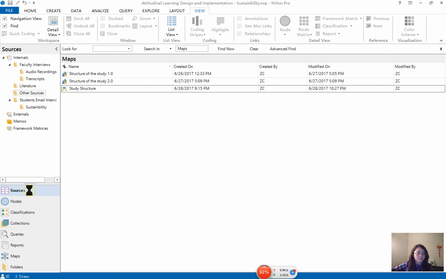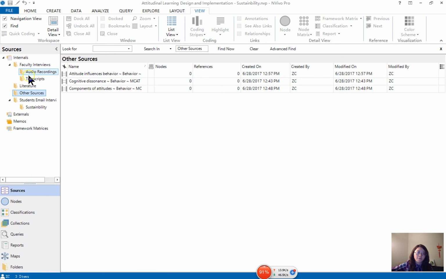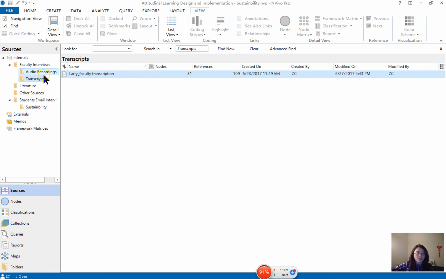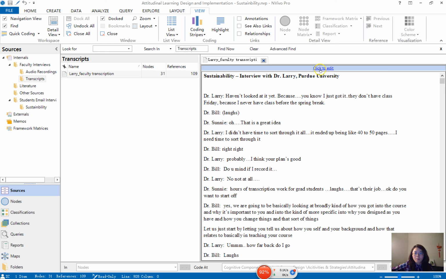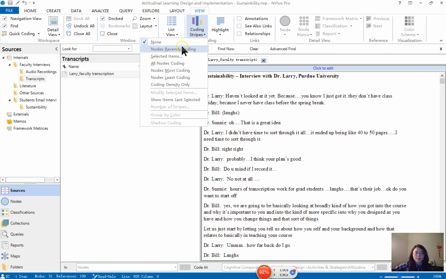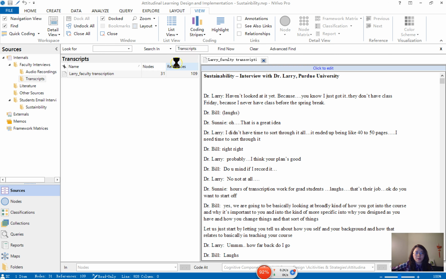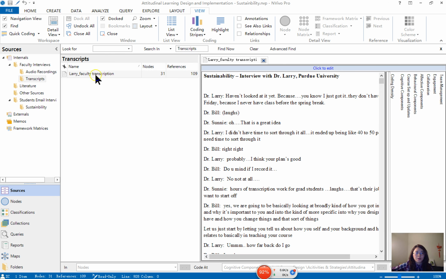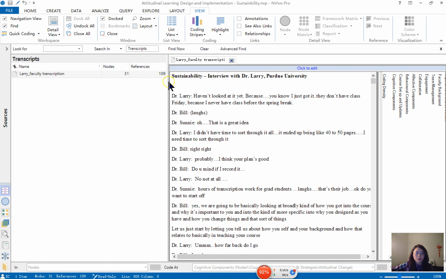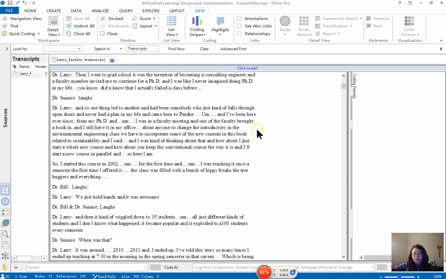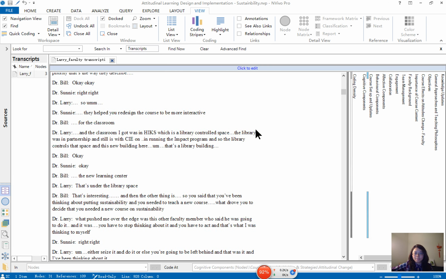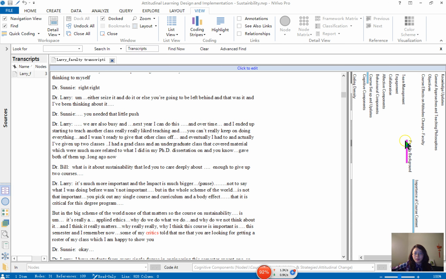Most of them have been carefully coded. So for example, if you open this Larry's transcript and open this coding stripe, you can see I coded most of them carefully.